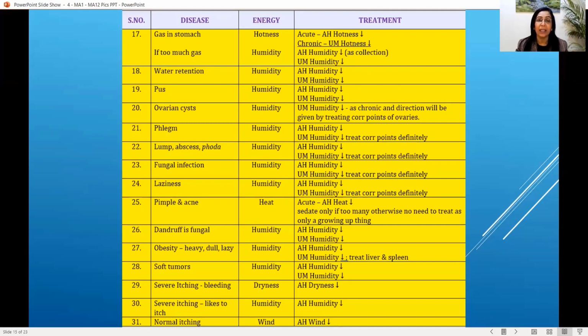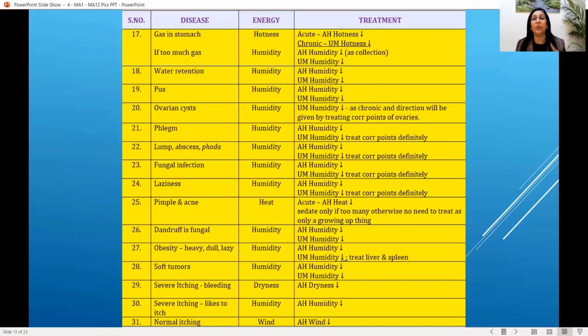Okay, obesity, when a person is obese and heavy and dull and lazy, like most fat people are. In the hotness energy, we dealt with obesity like Saroj Khan's or dancers, who are fat but very active, dance and swim and everything. But in humidity, obesity is when a person is fat and heavy and dull and lazy and doesn't do anything.